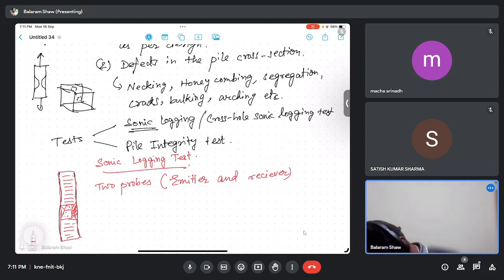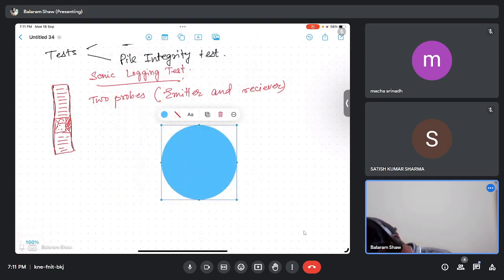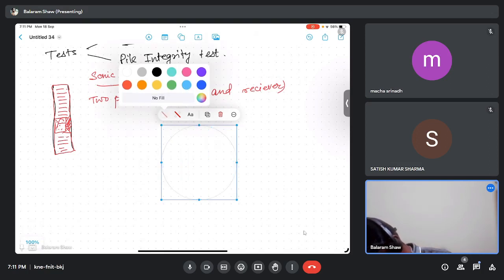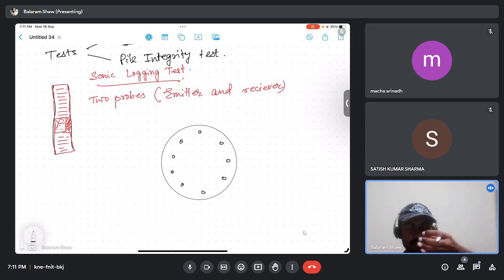So let us say this is the pile, and we'll have several reinforcements here. There will be some kind of hollow PVC pipes, and in those we'll lower these two probes, and then we'll check.